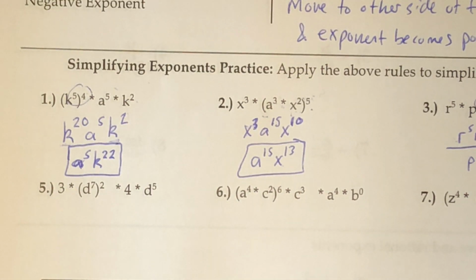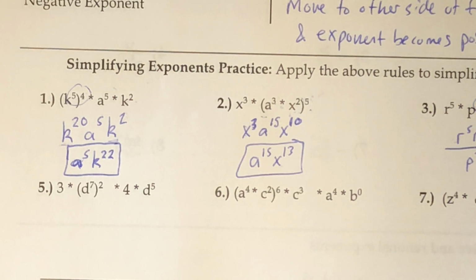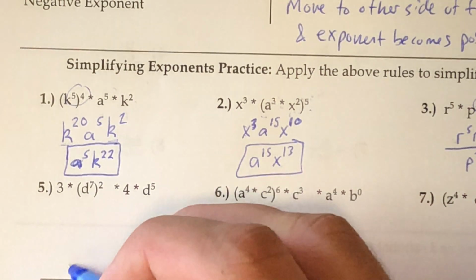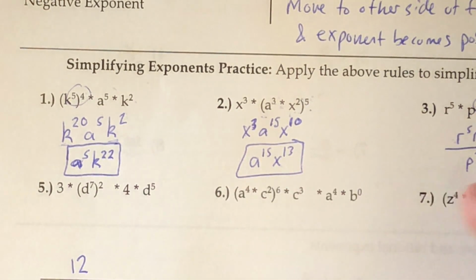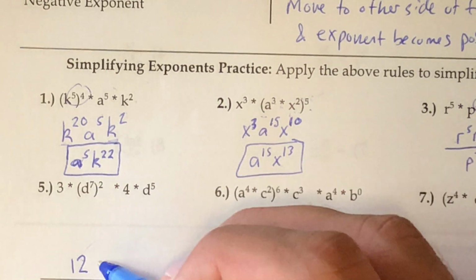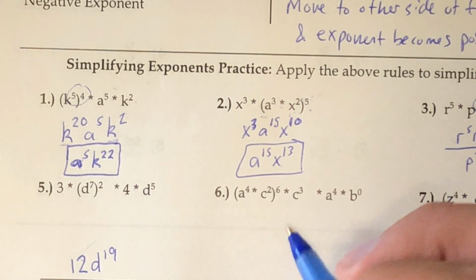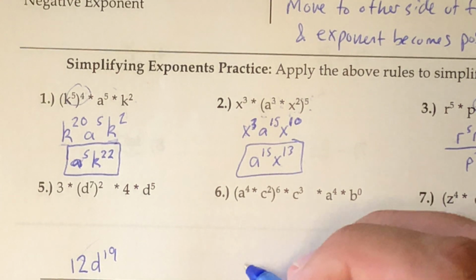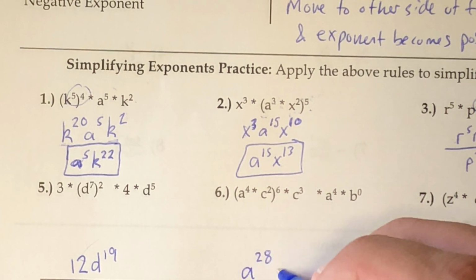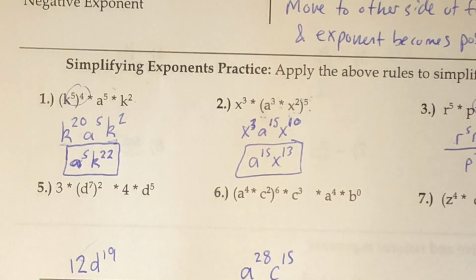So I won't go through these with you here, but you should get 12d to the 19th, a to the 28th, c to the 15th.